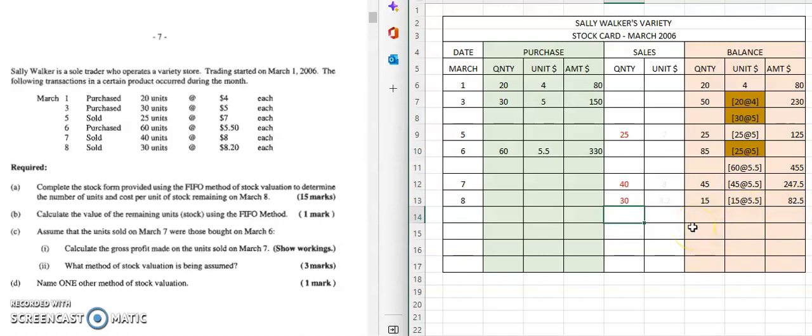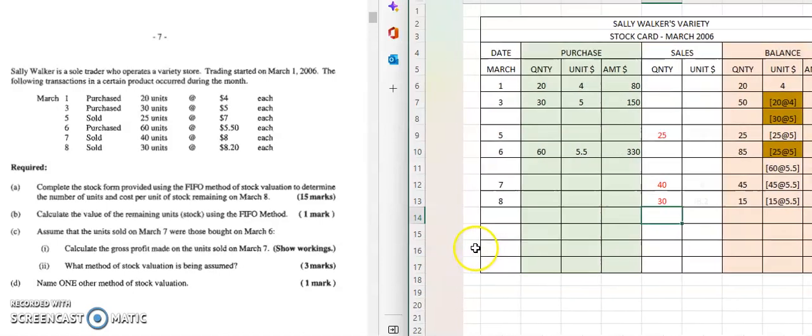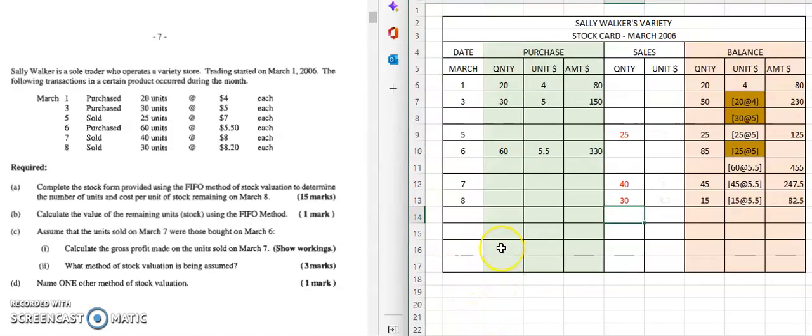Now, part C says, assume that the units that she sold on the 7th were bought on the 6th. Now, that would mean that the items that she bought last are being sold first, right? So that would be called last in, first out.